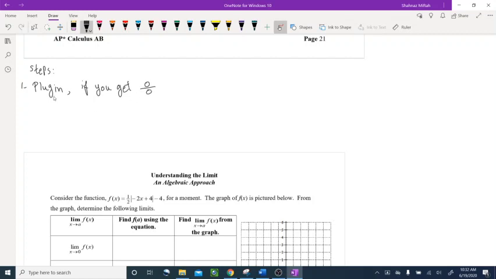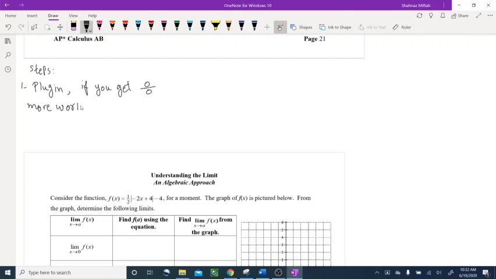Okay, when I say plug in, you're going to plug in whatever x is approaching, and you are not going to pay attention whether it's from the left or from the right. We will consider left and right later. But in the first step, whatever x is approaching, either x is approaching 0, x is approaching 0 from the left, or x is approaching 0 from the right, you just have to plug in that 0 there, okay? If you get 0 over 0, then it means you need more work.